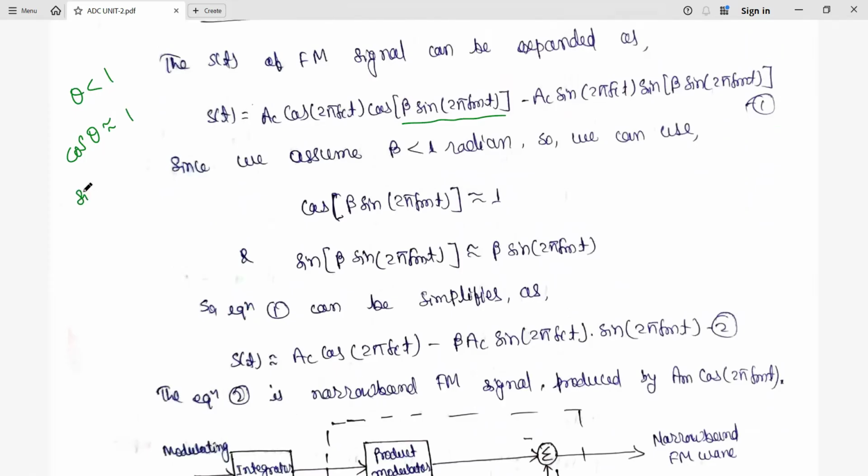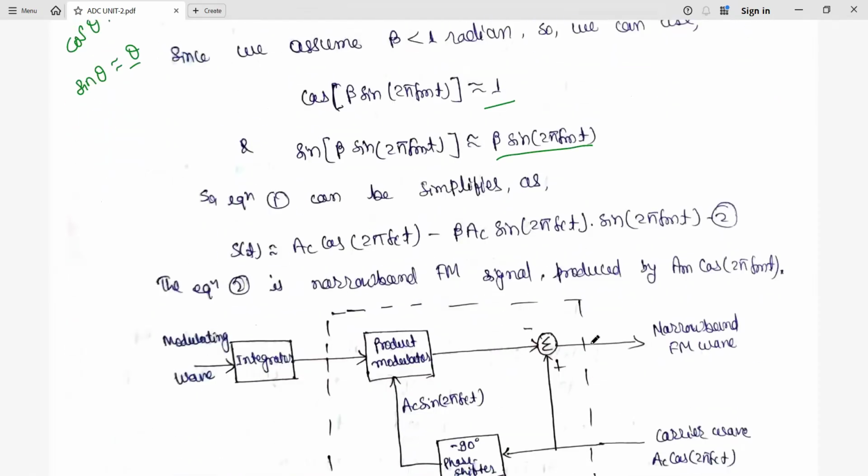Whereas in case of sine theta, if theta is much smaller, sine theta is equal to theta. On the basis of this, cos of beta sine 2 pi fm t is written as 1, whereas sine of beta sine 2 pi fm t is taken as beta sine 2 pi fm t. So finally we have the simplified form, that is equation number 2.